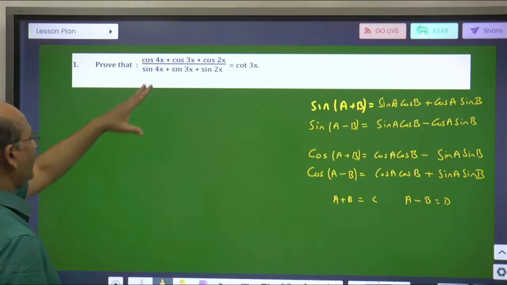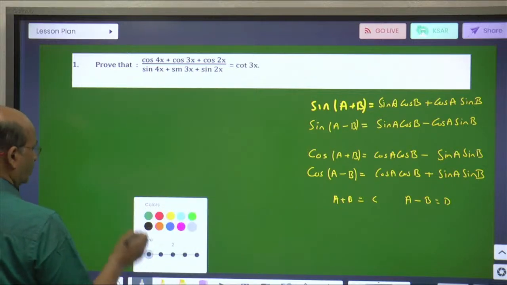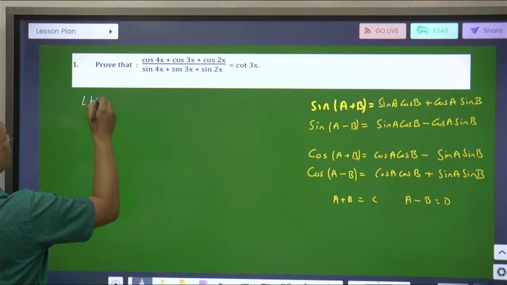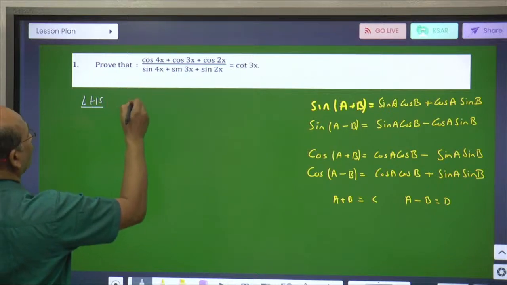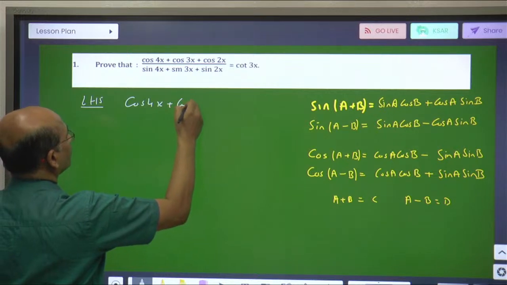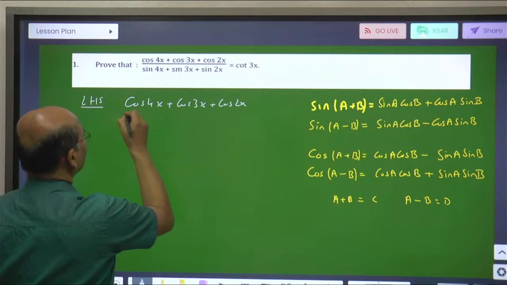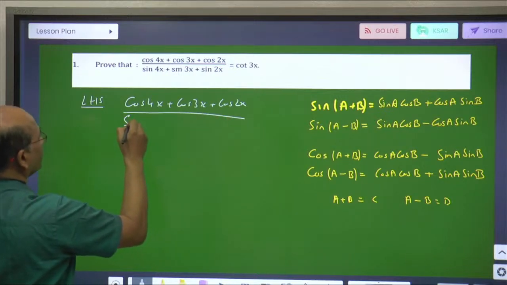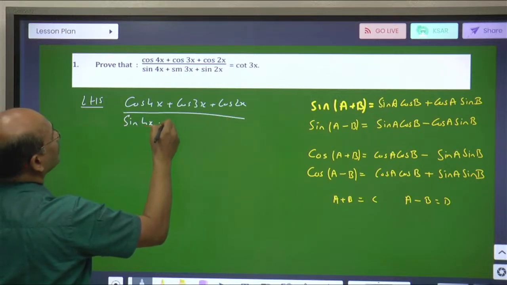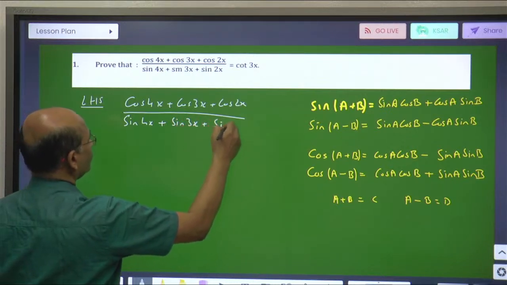First, let us come to the LHS. I am writing it out for you once again: cos 4x plus cos 3x plus cos 2x, divided by sin 4x plus sin 3x plus sin 2x.